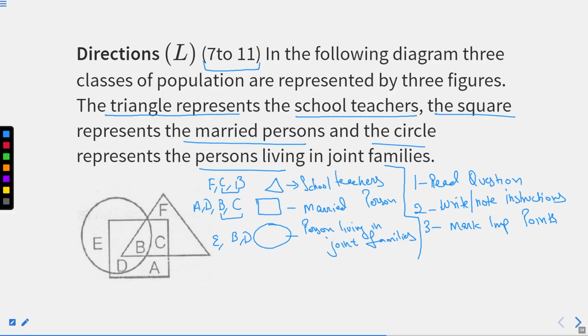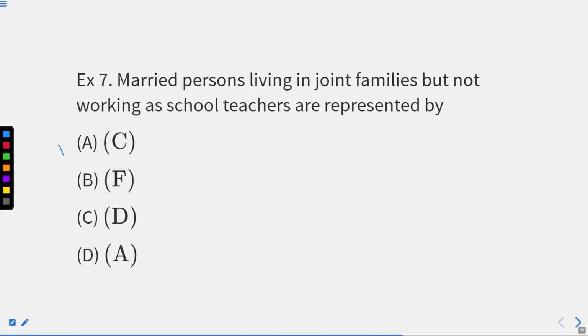B and C. So B and C are the married persons who are school teachers, but not living in joint family. Only B is there and B is living in joint family, right? So C will be the answer. Option number A will be your answer.